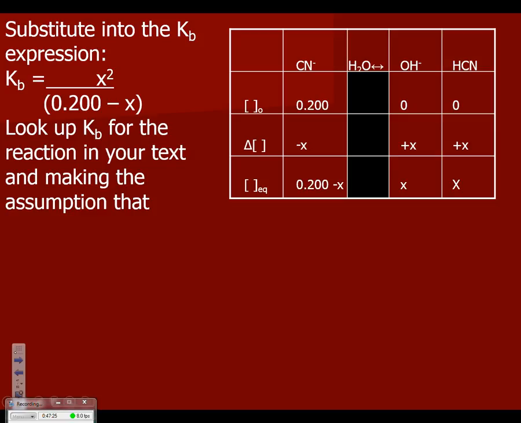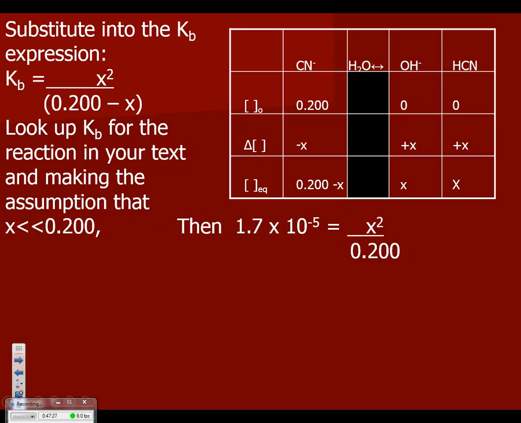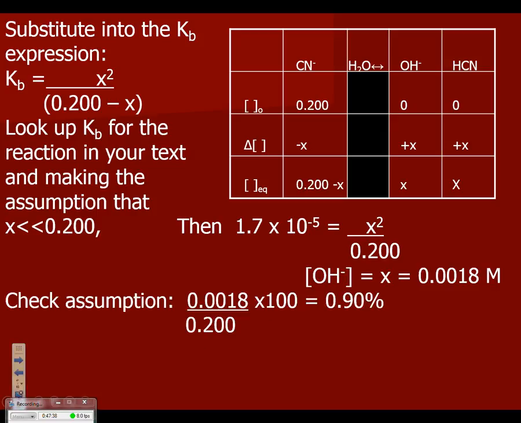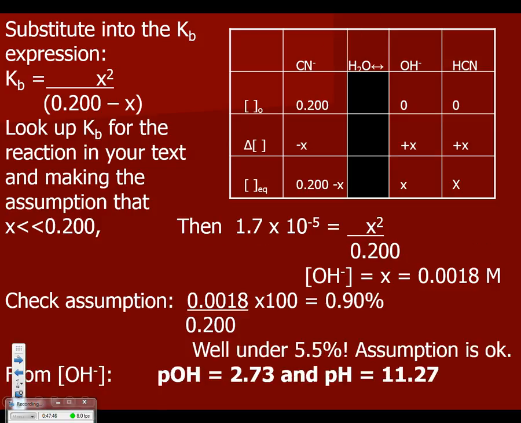So we're going to look up the KB, or you'd be given it, and we've got this, and we can solve for X. And I just said it's very, very small compared to this. We get the answer here. We do a check, make sure it's less than 5%. It is. Okay, and we could go on. So it's well under 5%. The assumption's okay.